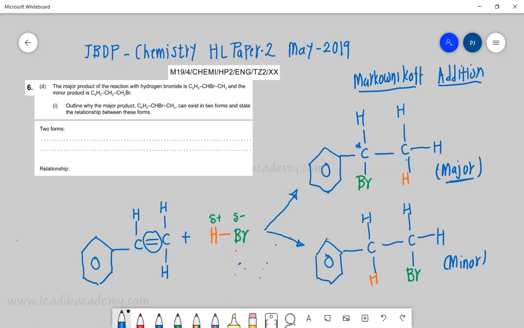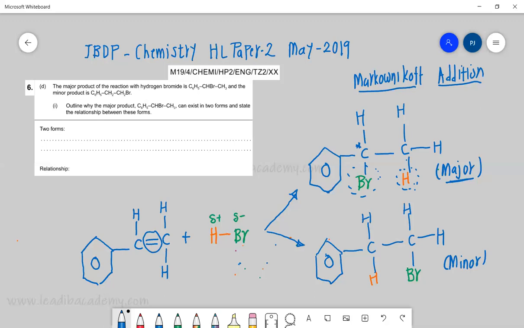So that's the reason Br gets preferentially attached to this carbocation, and automatically hydrogen gets attached to the other carbon. As per the Markovnikov addition, hydrogen always gets added to the less substituted carbon. That's the rule. Simple.